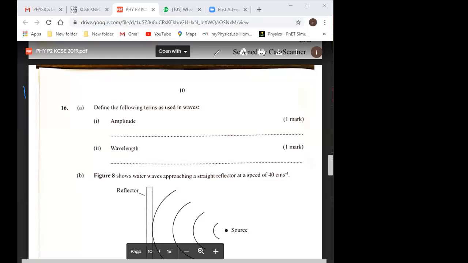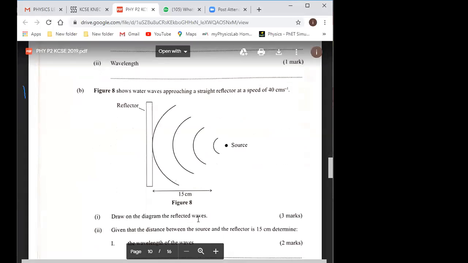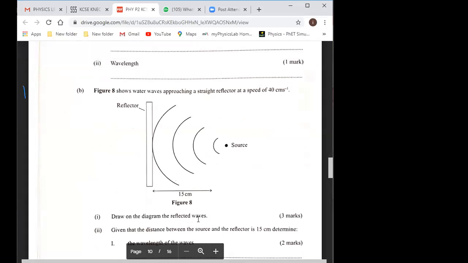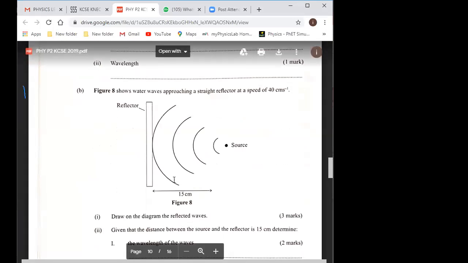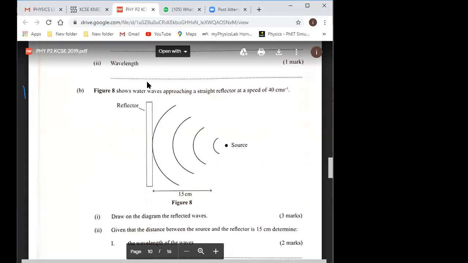Then we move to the next question. The figure below shows water waves approaching a straight reflector at a speed of 40 centimeters per second. Draw on the diagram the reflected waves. I remember we told you to go through this topic so that you can work on it before we meet. So we have to show the reflected waves. This source of waves produces circular waves.